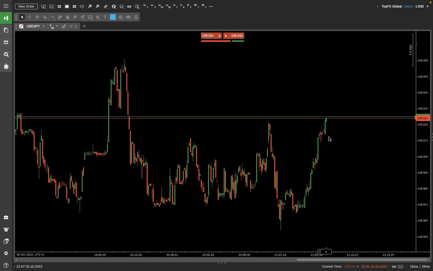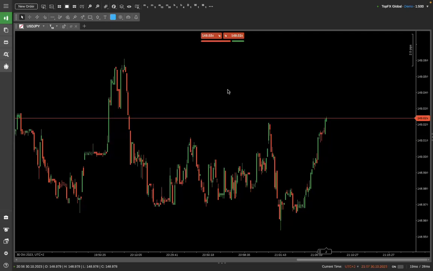So, what are the benefits of using this kind of chart? The first very important benefit is that they filter out noise. Tick charts can help filter out market noise as they only form new bars when a specific number of trades occur.